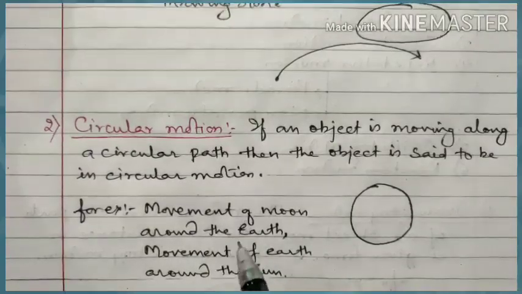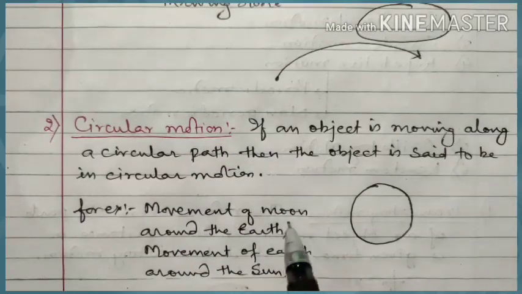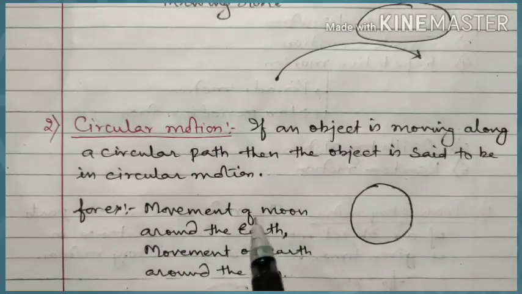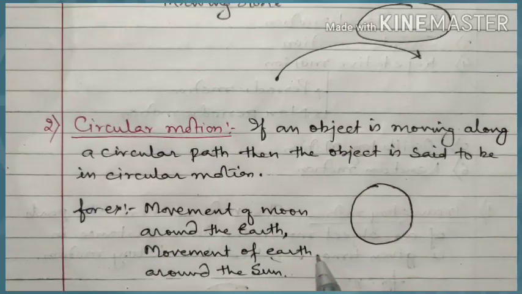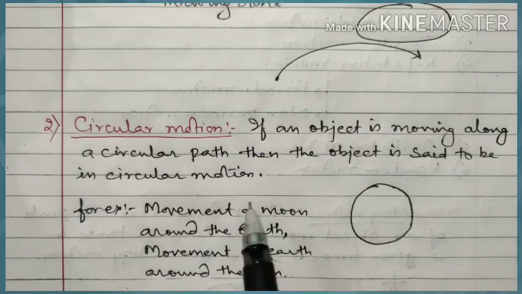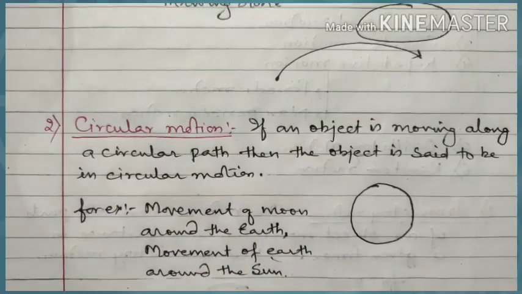These are examples of circular motion. Like the movement of the moon around the earth, the moon is moving around the earth in a circular orbit. Similarly, the earth is also revolving around the sun in a circular orbit. These types of examples are called circular motion.